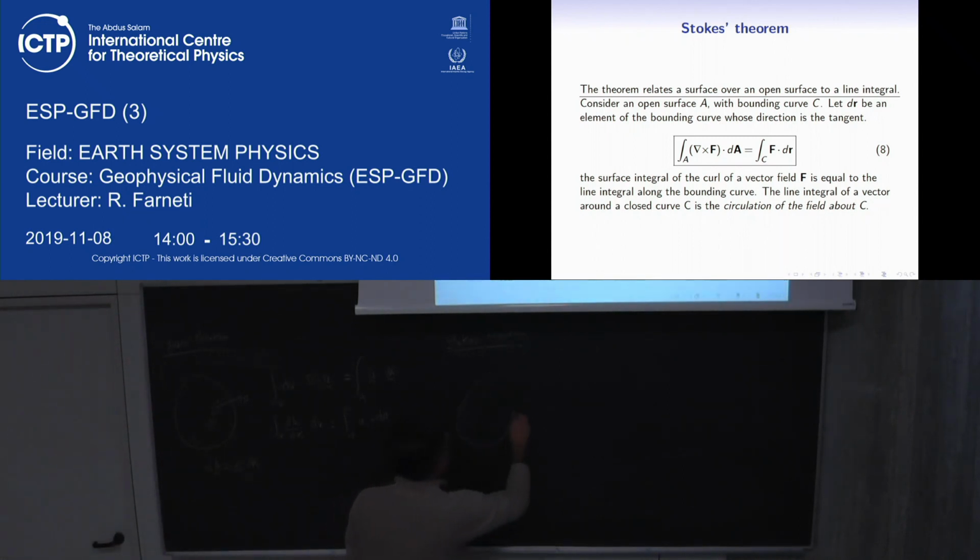So for example, take an open surface A with bounding curve C.